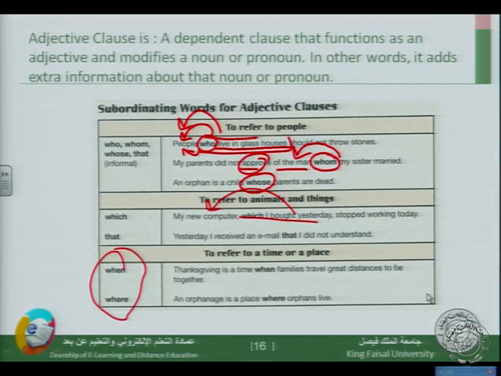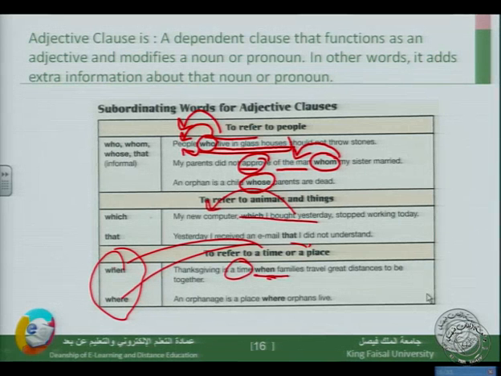We also use "when" and "where" to refer to a time or a place. "When" for time, "where" for place. Notice now: Thanksgiving is a time when families travel great distances to be together. "A time when": I didn't say "whom" or "who" or "that," I said "when."